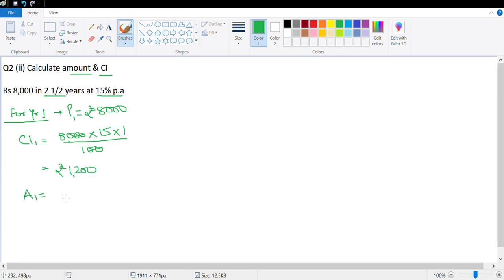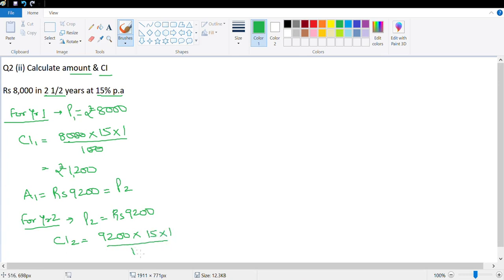So amount 1 will be equal to rupees 8,000 plus 1,200, that's 9,200, which is basically equal to principal for the second year. So for year 2, what we have is principal is equal to rupees 9,200. Let's calculate compound interest for year 2, which will be principal into rate, in this case 15 into 1 year upon 100.